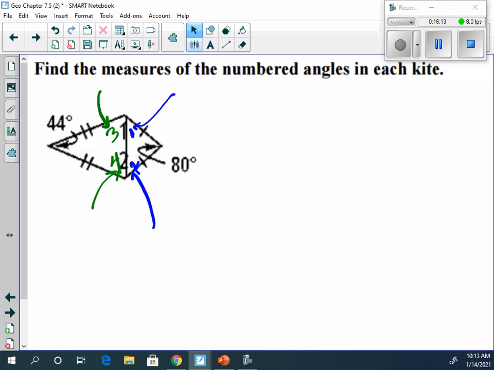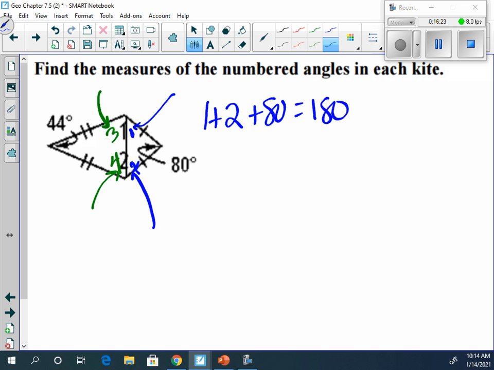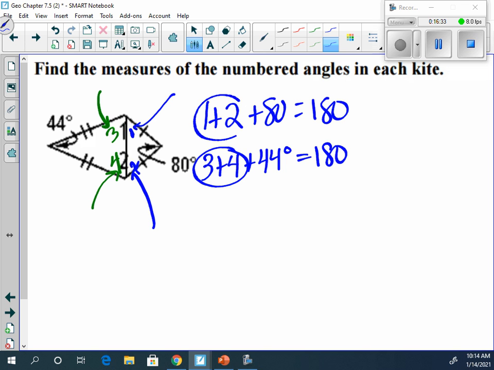Now for this problem here, it wouldn't make it any easier because we would have to solve this as 1 plus 2 plus 80 is equal to 180, and 3 plus 4 plus 44 degrees equals 180. So I'd have to solve for the measure of each of those sets of angles and then add those measures together to find out what those two angles are.